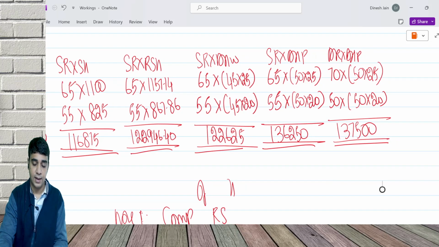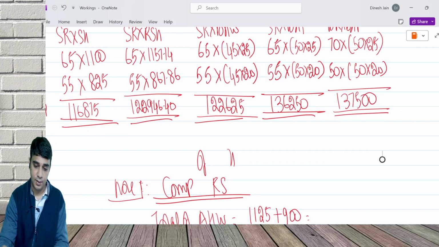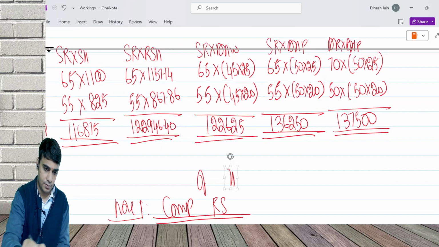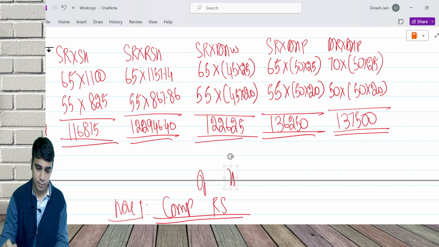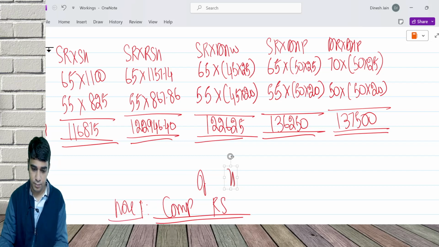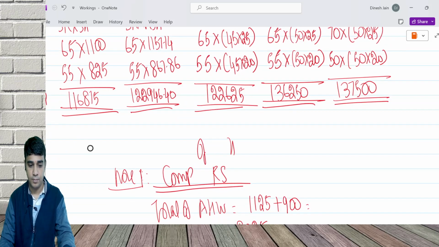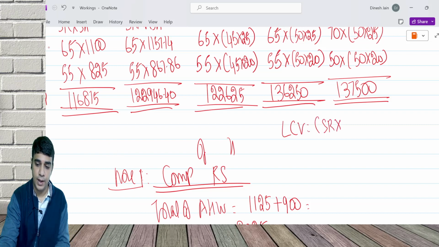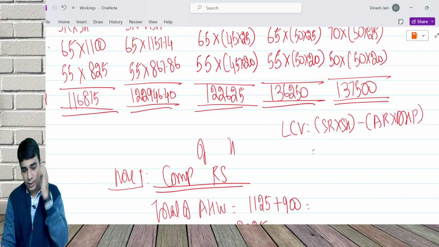We'll then start calculating variances. Labor cost variance equal to SR into SH minus AR into AHP. If there are any doubts on the formula, please refer the chart.